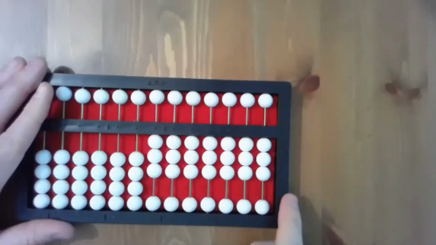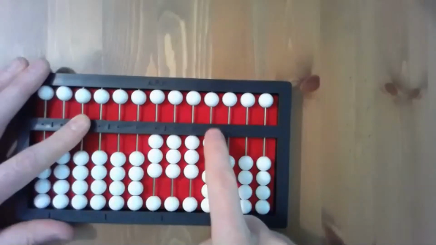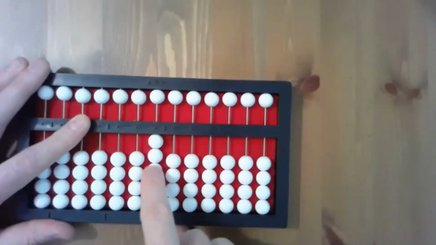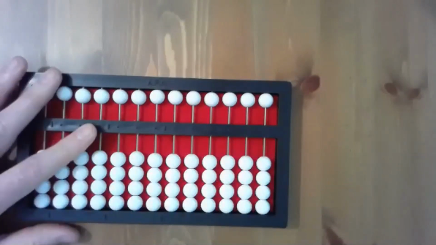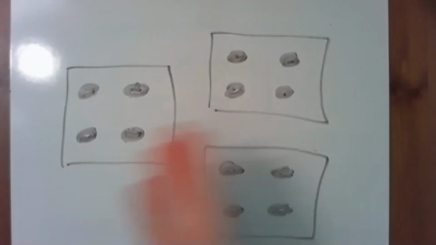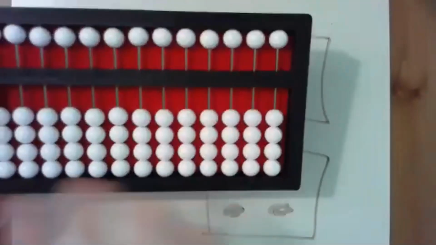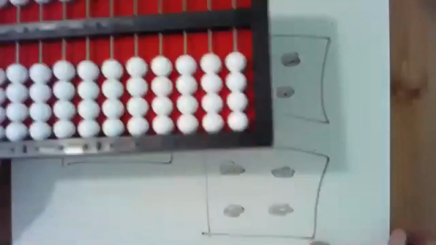So in this case, this is 1, 2, 3, 4, 5, 6, 7, 8, 9, 10, 11, 12, 13, 14, 15, 16, 17, 18, 19, 20, 21. So transitioning from what your peers are likely seeing on their worksheets for 3 groups of 4, or in this case, 7 groups of 3, you can also do the same thing on the abacus, okay?